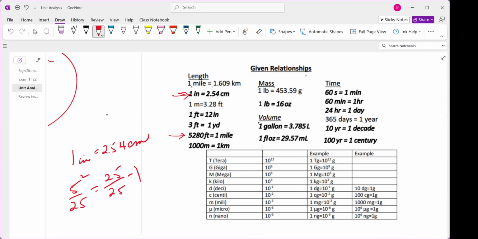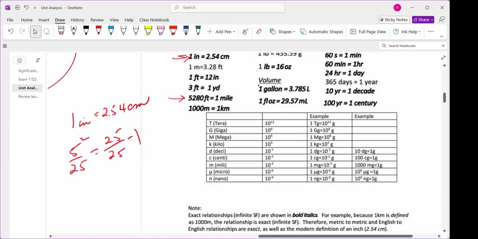So, the conversion factors are your car. Where you start is the given. Where you end up is the calculated. We're going to do all these conversions. Sometimes there's 6, sometimes there's 1. Okay, and there are units associated with it.